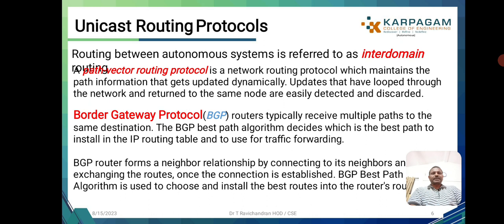BGP routers form a neighbor relationship by connecting to their neighbors and exchanging routing information. Once the connection is established, the best path algorithm is used to choose and install the best routes in the routing table.